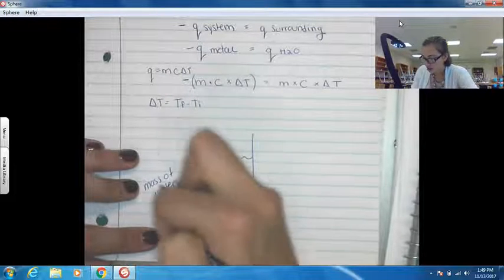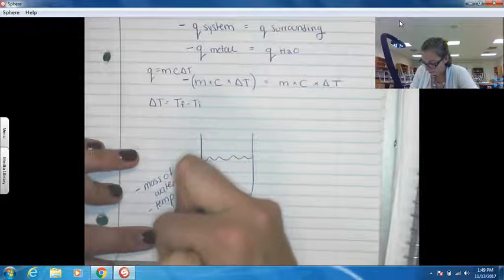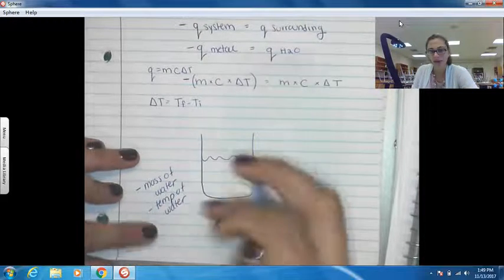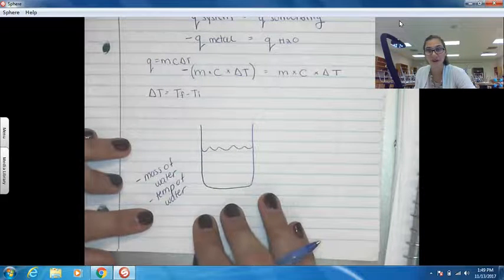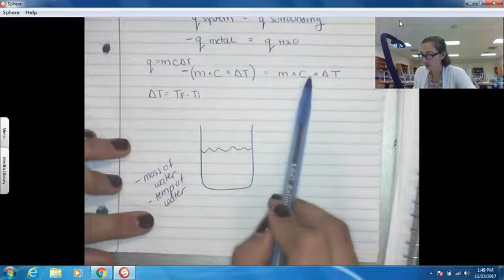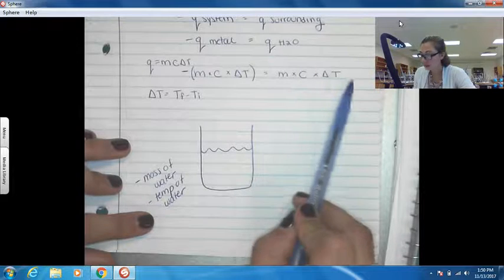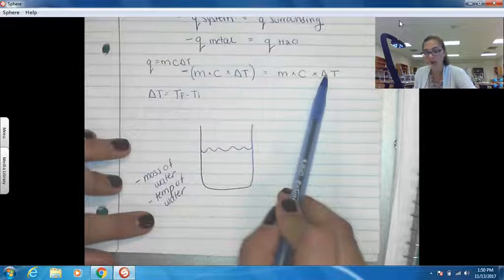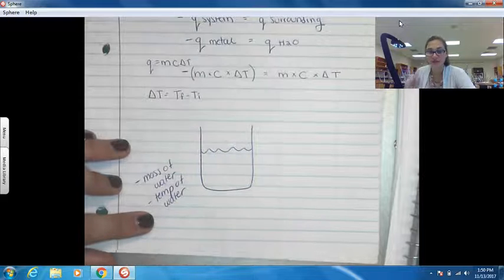We need to know the temperature of the water. And we know that we can find our specific heat of water in our reference packet. And so that's our mass, our specific heat we can look up. The temperature of the water, we can use a thermometer. And so that's all we have right now because we just have our initial temperature of the water.